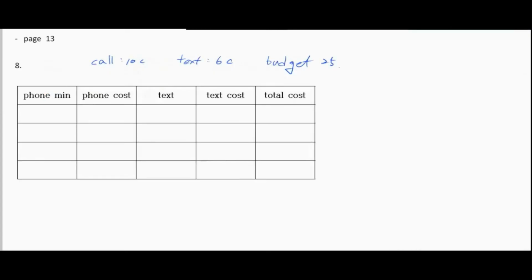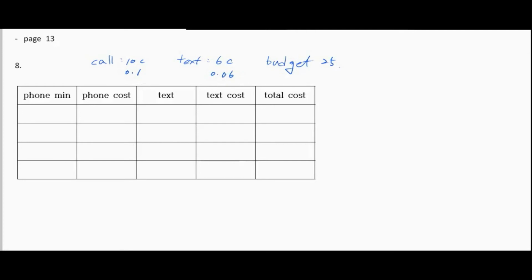And this is question 8. Dev has a budget of $25, and the call is 10 cents per minute, and text is 6 cents per minute. So we should create the table using this information. Let's match the units. 10 cents will be $0.1, and 6 cents will be $0.06.